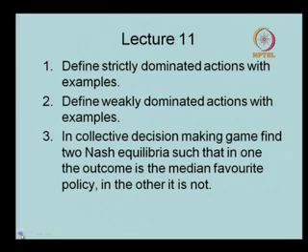Okay. Last question: in the collective decision making game, find two Nash equilibria such that in one the outcome is the median favorite policy, in the other it is not. So, in the collective decision making model, if you remember, we have to find one in which the median is the Nash equilibrium. Let us suppose everyone announces the median favorite position.